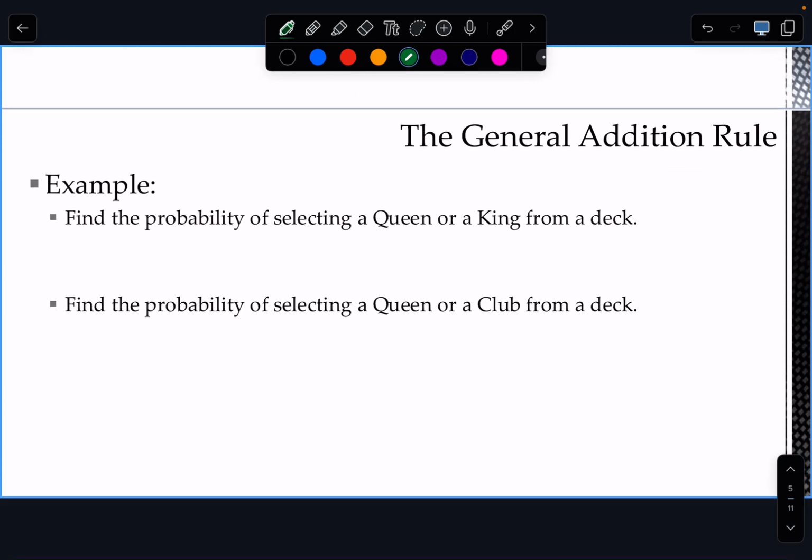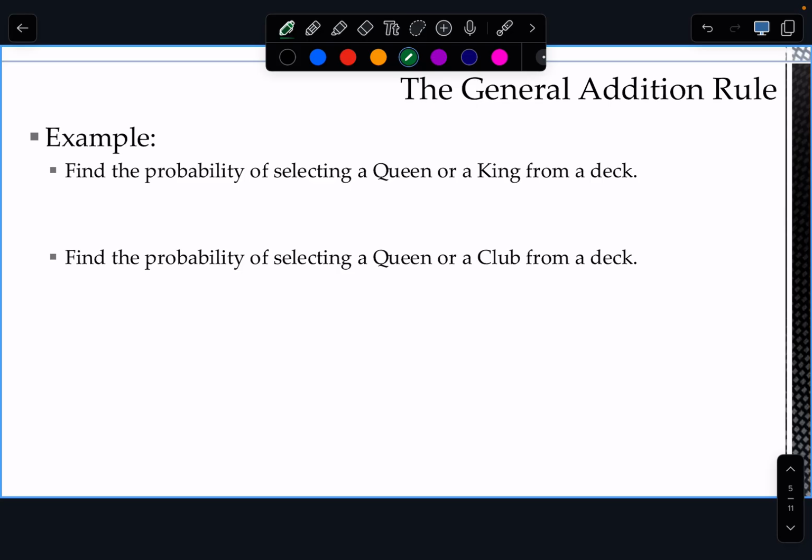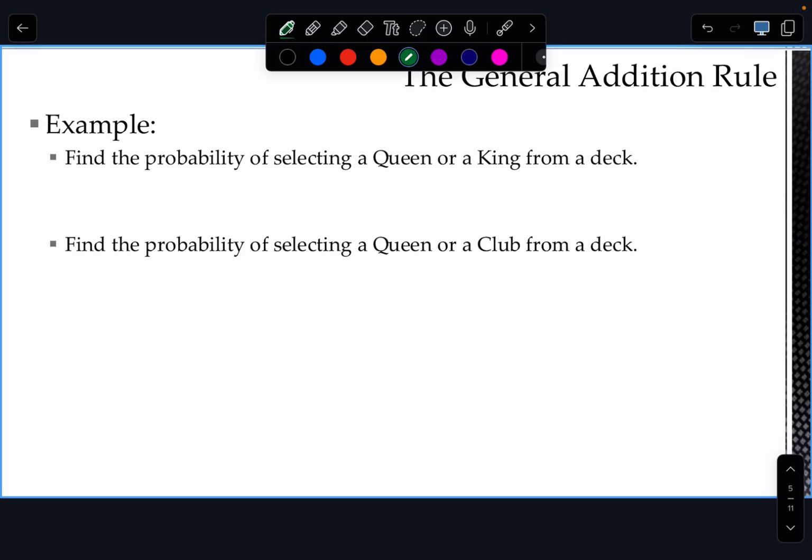A couple of quick examples then. So first question says find the probability of selecting a queen or a king from a deck of cards. So if this were a homework problem, first thing you would need to do, tell me what you're calculating in notation. So when I go to set this up, I'm going to calculate the probability of a queen or a king.